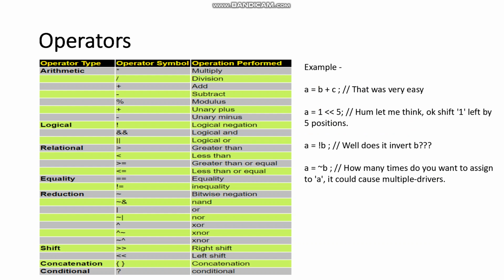Next, a is equal to the inverter of b, meaning it is the negation of b. Here one symbol represents the bitwise negation, and the other symbol here is the logical negation. Just remember, this is the bitwise negation, and this is the logical negation.